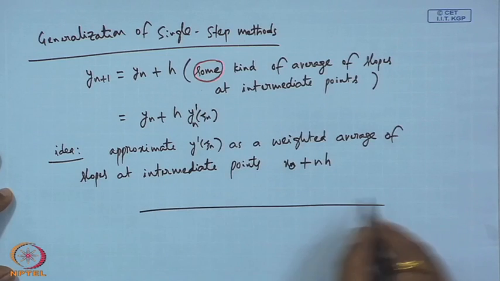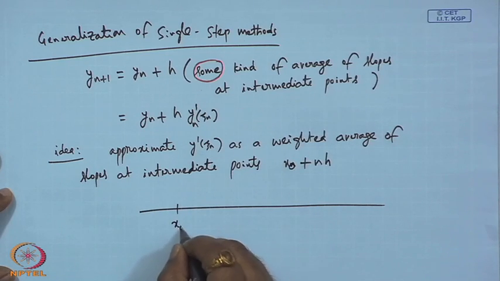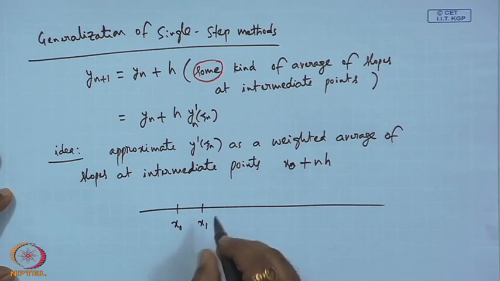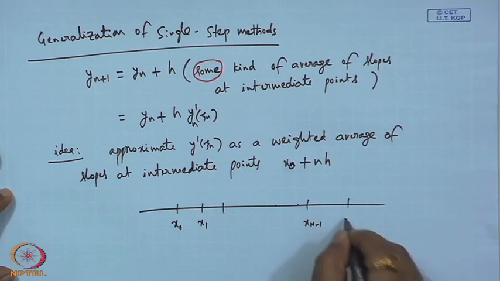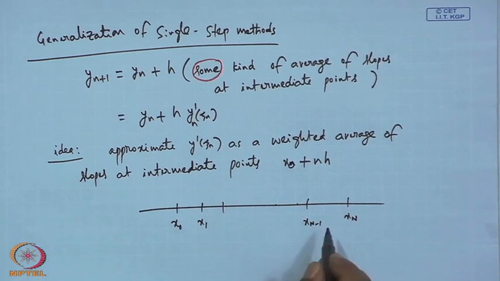So, you have say x 0, x 1. So, we approximate, right.